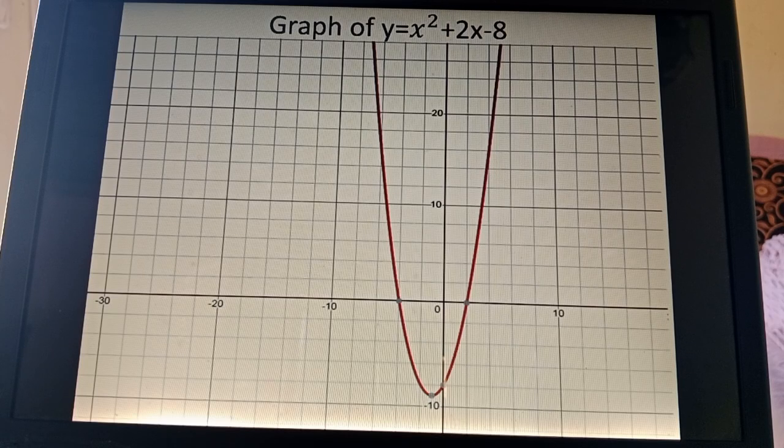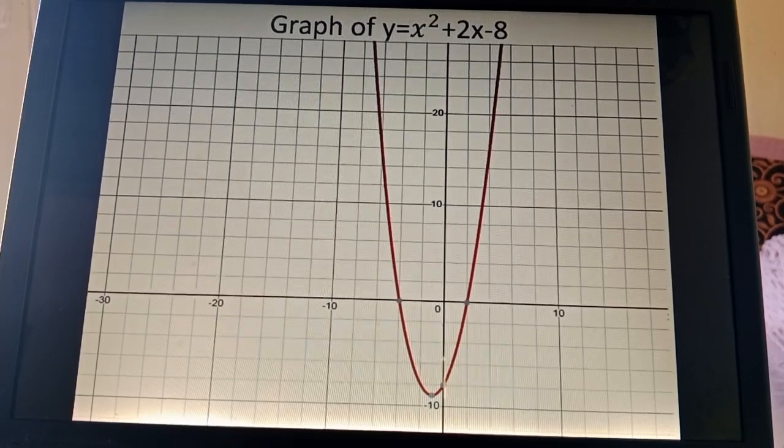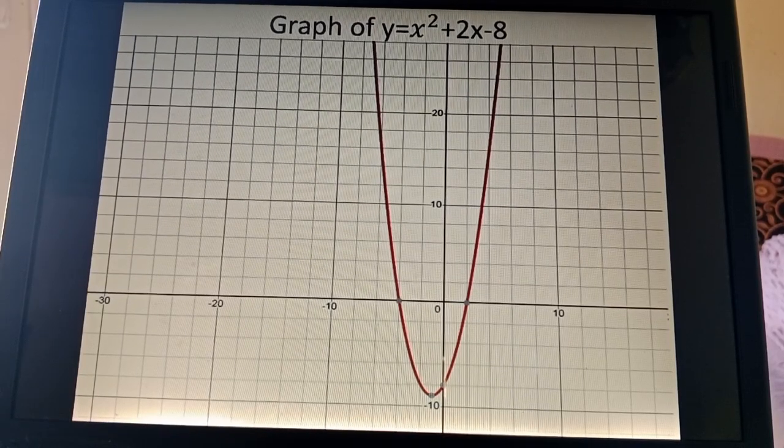As the graph looks, you can see the apex. You can see the y-intercept at (0, negative 8), and the vertex at (negative 1, negative 9).